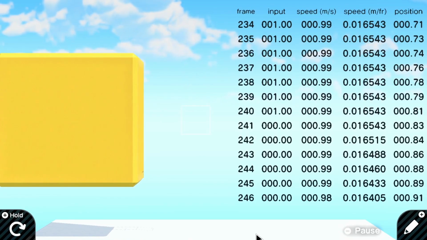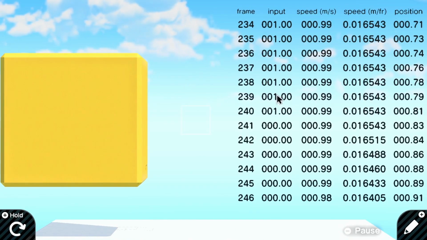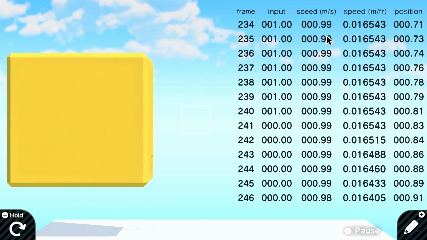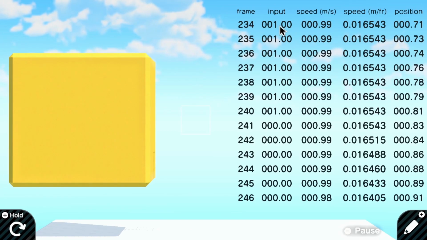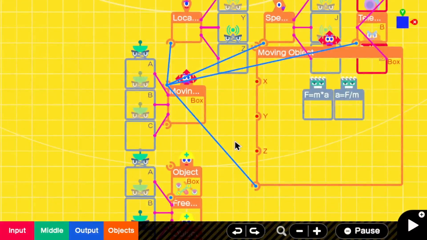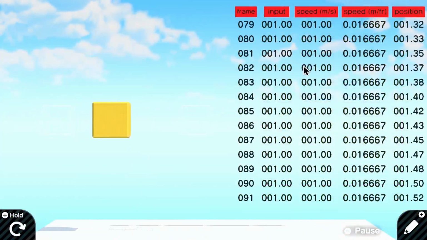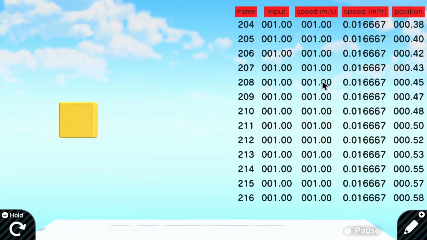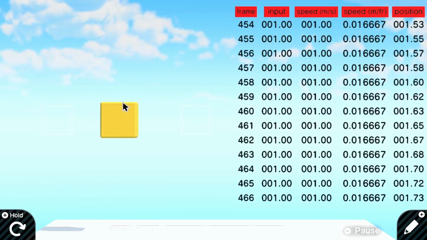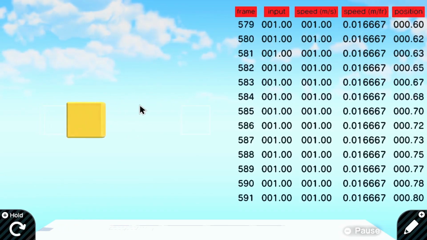Now, one curious thought you might have is, well, now with my speed moving object, why doesn't the speed actually reach the target input? Because if you recall from before, when it was alone, the object was able to reach the specific input when we hold the speed moving object.